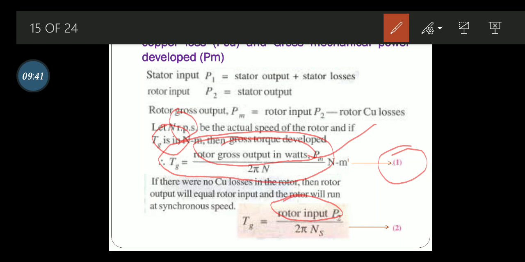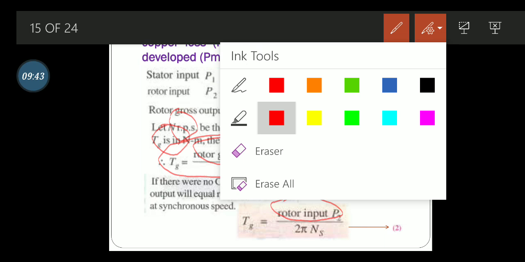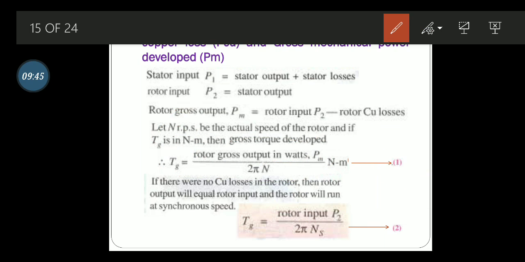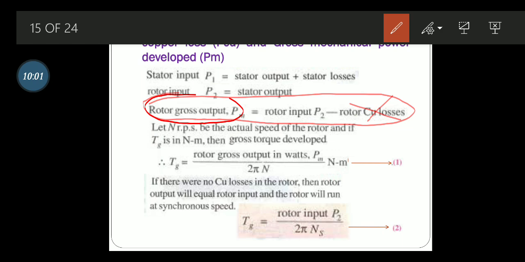Here the losses are neglected. Consider the equation: rotor gross output Pm is equal to rotor input minus rotor copper loss. If we neglect the rotor copper loss, then PM is equal to the rotor input, P2. Call this equation number 2.